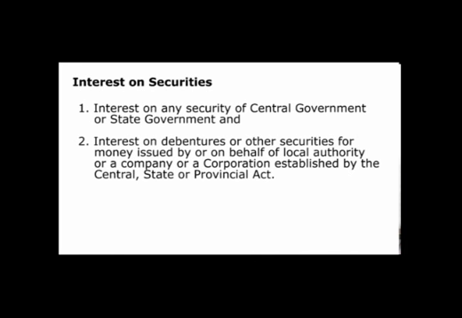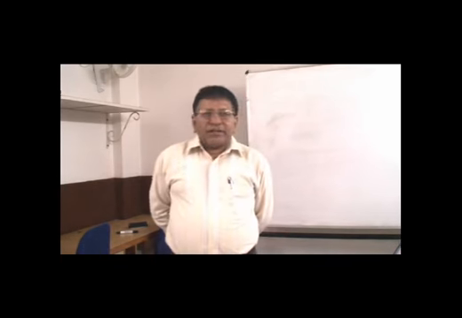It may also include the interest on debentures or other securities for money issued by or on behalf of the local authority or a company or a corporation which has been established by a central, state or provincial act. So this is something about the definition.